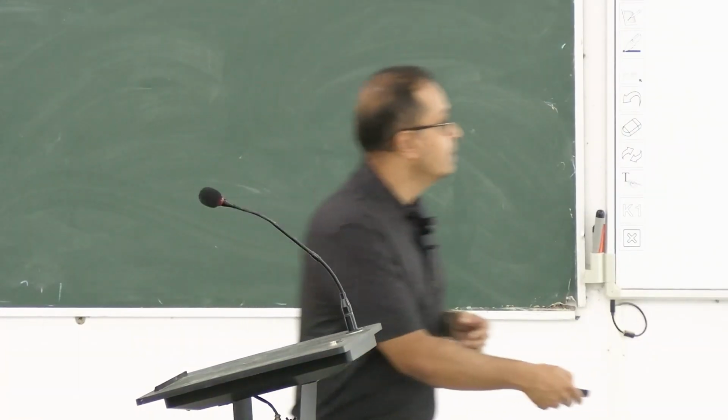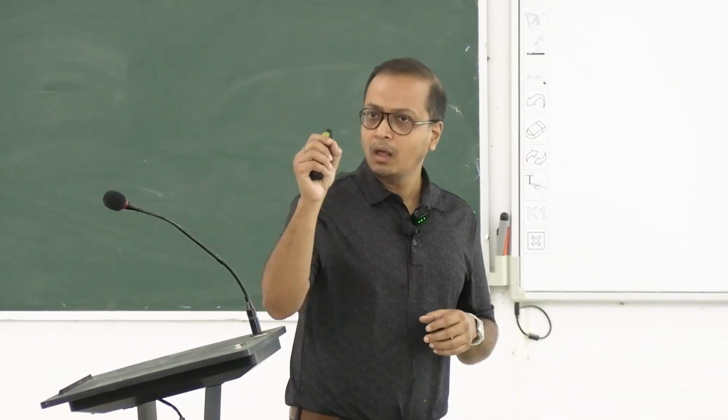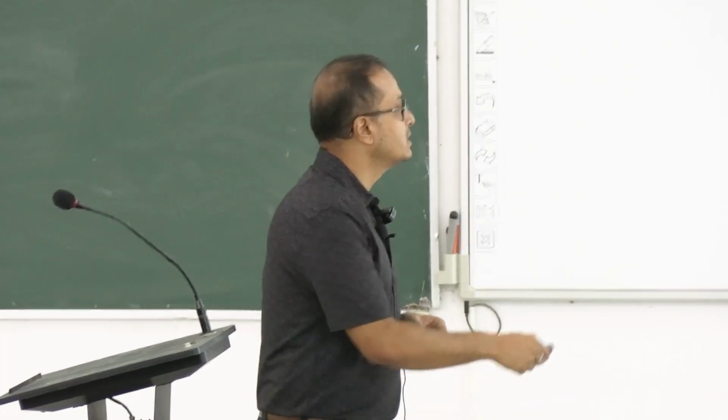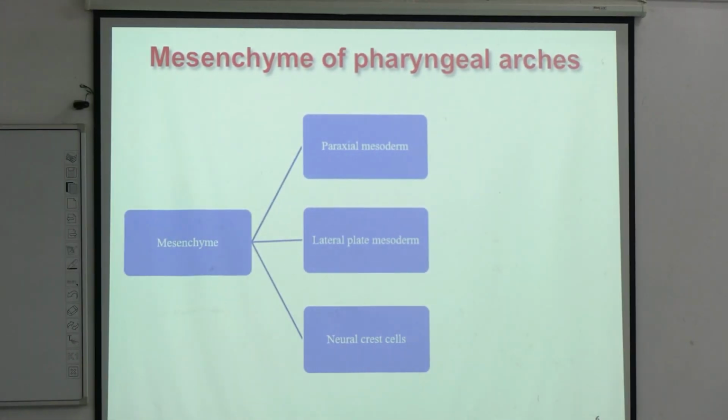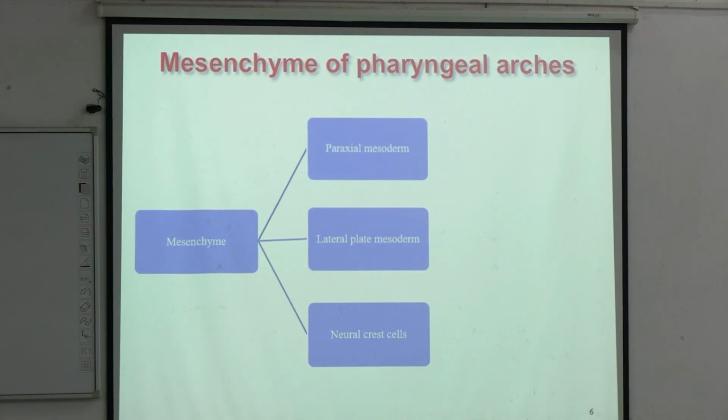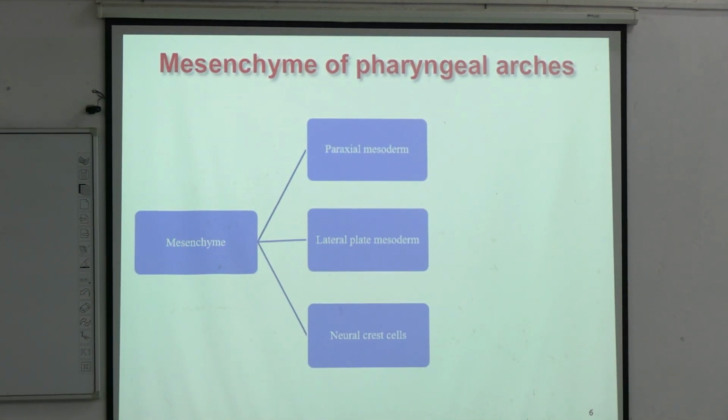So this particular mesenchyme or mesodermal element has three components. One is paraxial mesoderm, the second is lateral plate mesoderm. That is everywhere we have this, which is a part of intra-embryonic mesoderm.